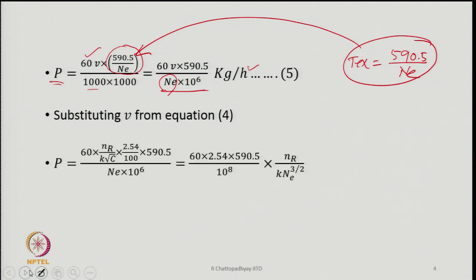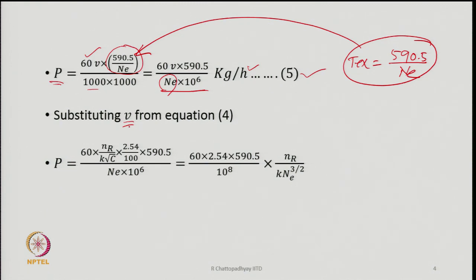Now, substituting the value of V. Equation 5 also is a formula to calculate production. Now, if I want to replace V by rotor speed, then we can get another formula to calculate the value of the production.